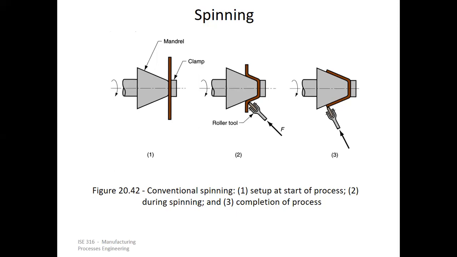For example, in hot working we had seen the strain hardening effect, right? That could also be present here because you're suddenly forming it. So hot spinning and cold spinning, we can classify them based on the recrystallization temperature.